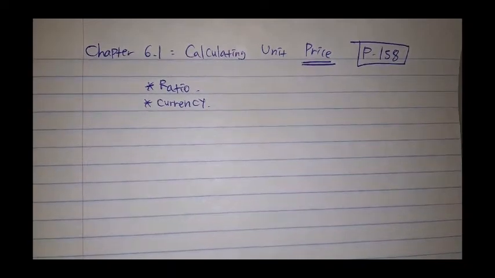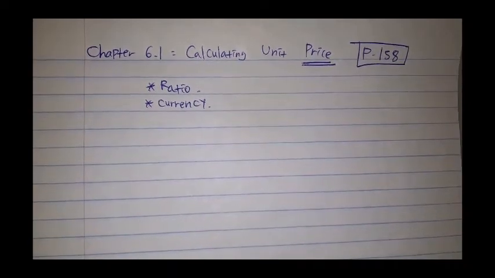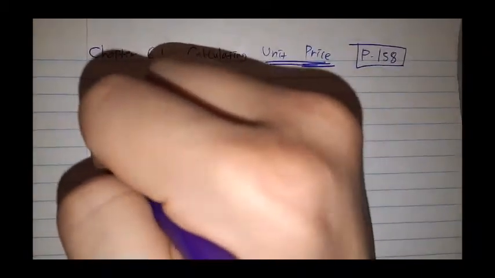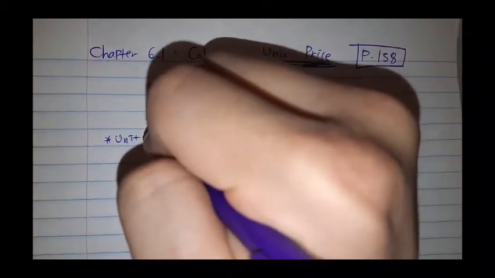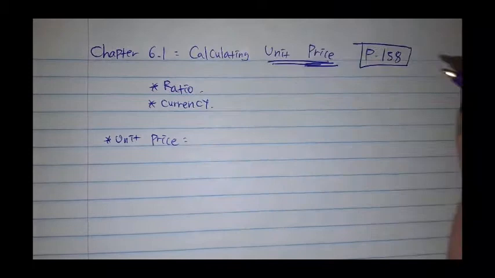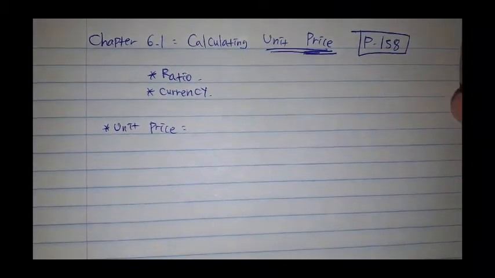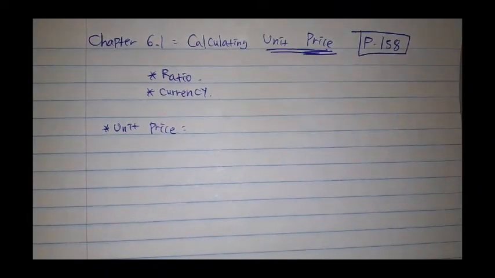It is good to understand that there is a term, unit price. Let's talk about what unit price is. Unit price is the amount of money charged for a unit of an item.